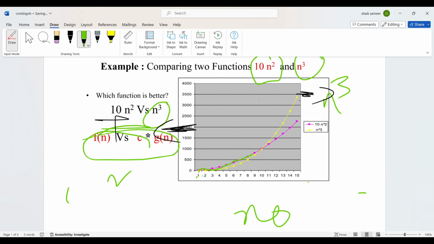From this point, suddenly n cube becomes top of 10n square. So this point is nothing but n naught.